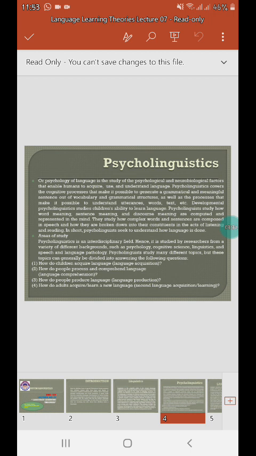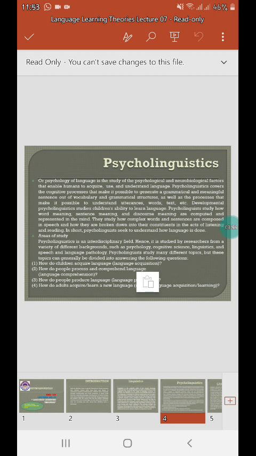It covers the cognitive processes that make it possible to generate grammatical and meaningful sentences from our vocabulary and grammatical structures.